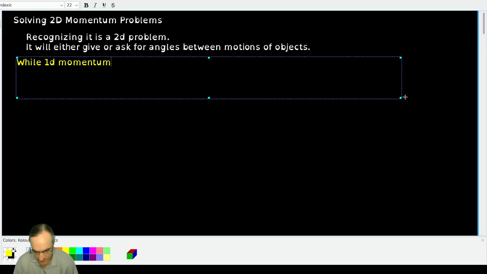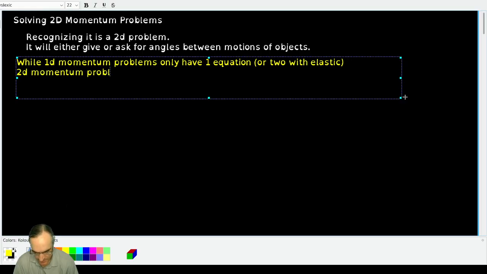Well, 1D momentum problems only have one equation, or two with elastic. 2D momentum problems have effectively two equations, or even three if full 3D, but we're really just talking about 2D here, or three equations with elastic.